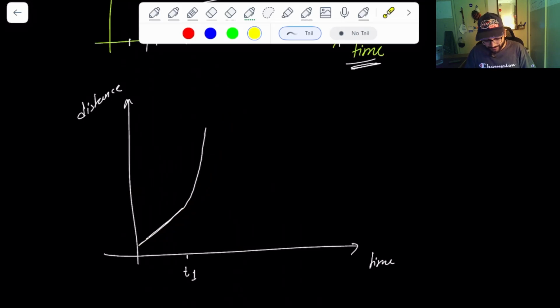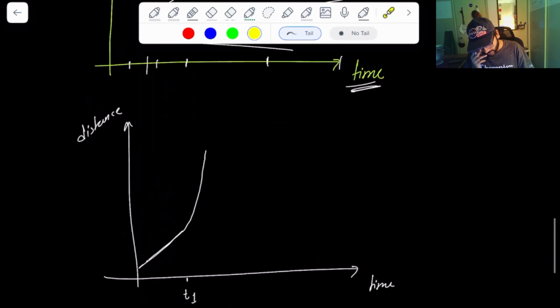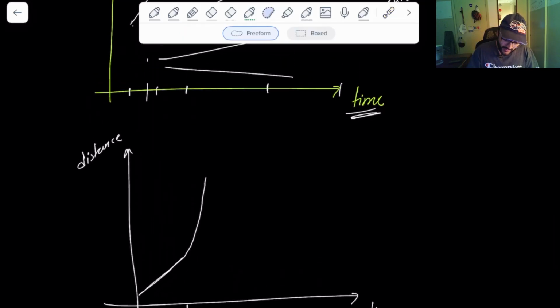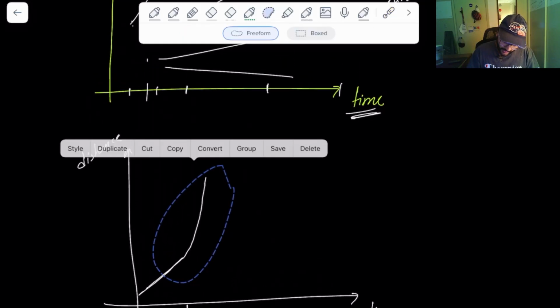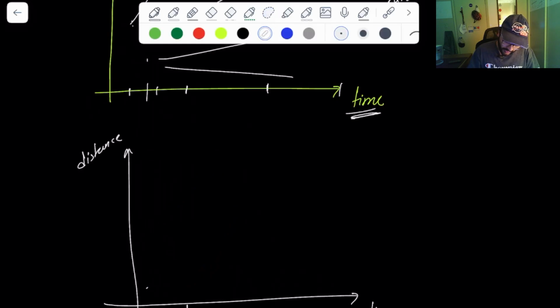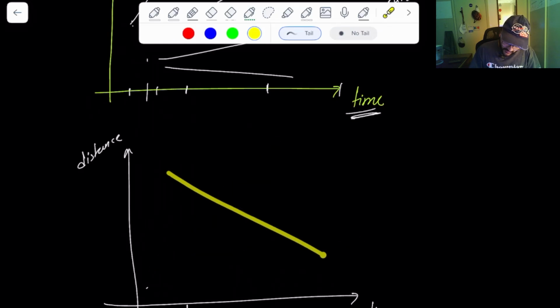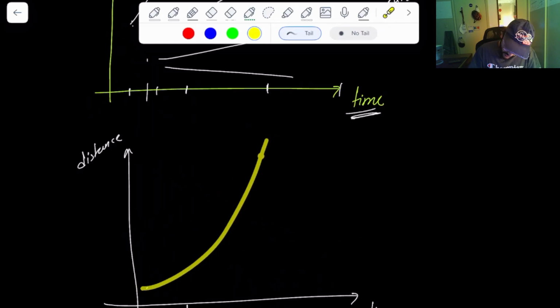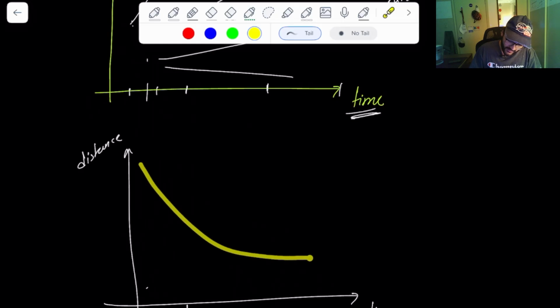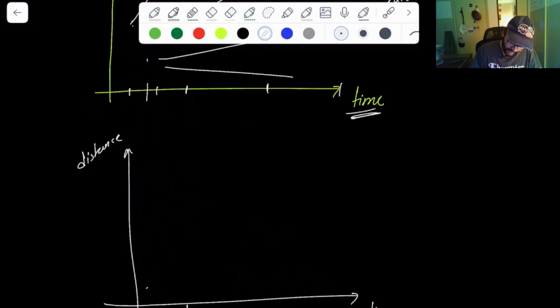Okay, so that's the difference. Let me discuss the very last thing as well. When you have a case where it is not like this, and it is also not like this, that's the case of acceleration, that is, velocity increasing. But you can have a case of this, right? Let me make that. We have a case of this.